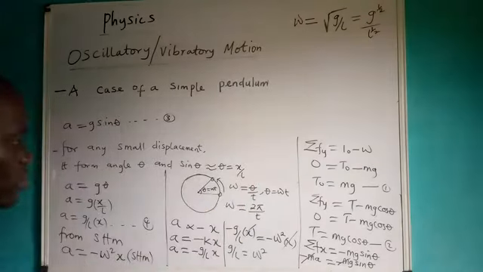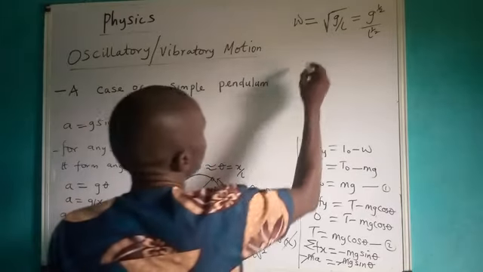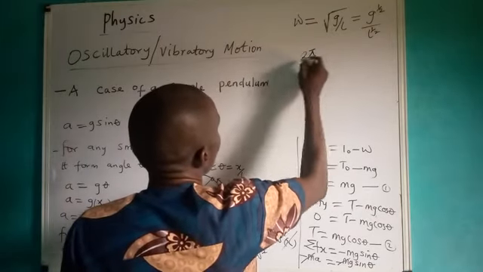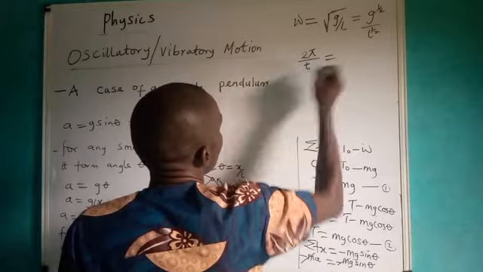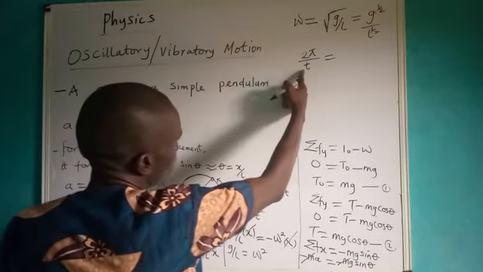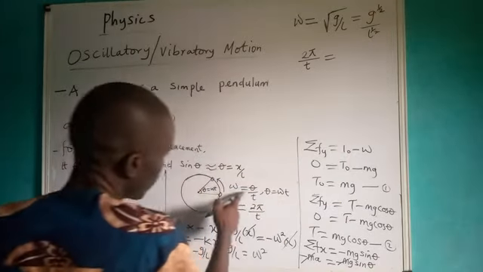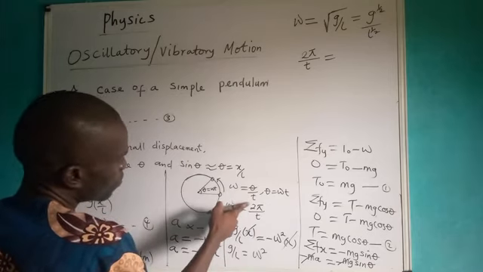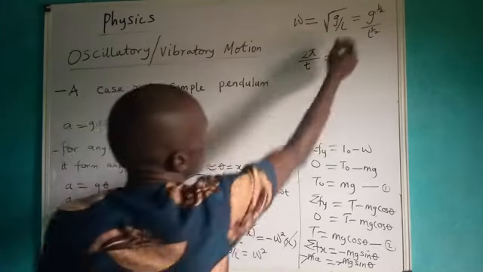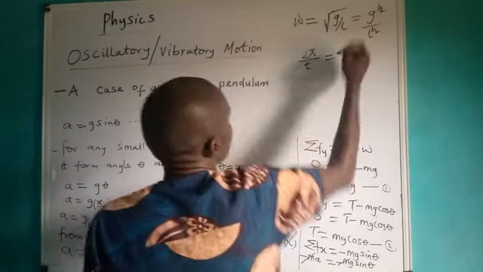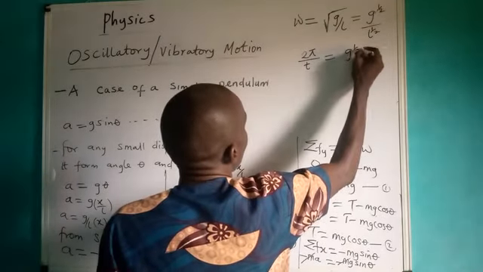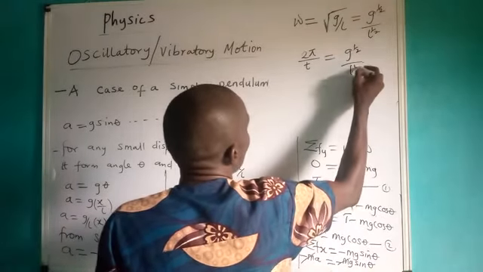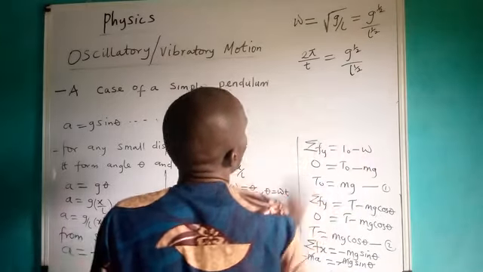The angular velocity here is simply 2 pi over T, which is the elapsed time. Remember, the angular velocity is the angle turned through in circular motion over the elapsed time. So it becomes g power half over L power half.